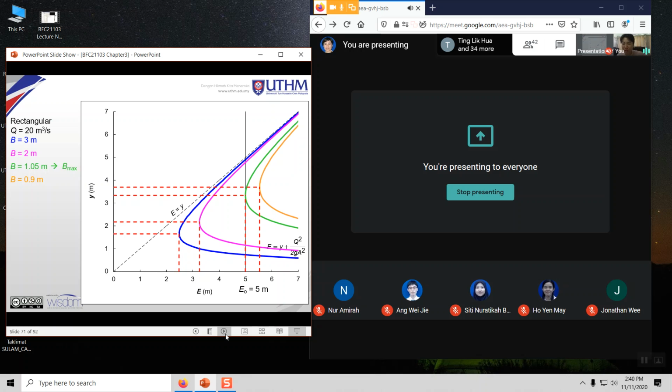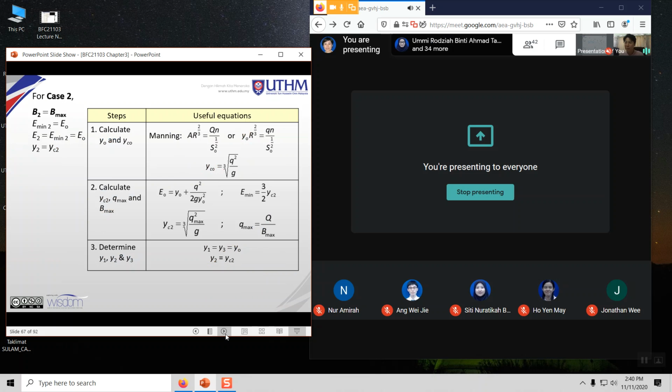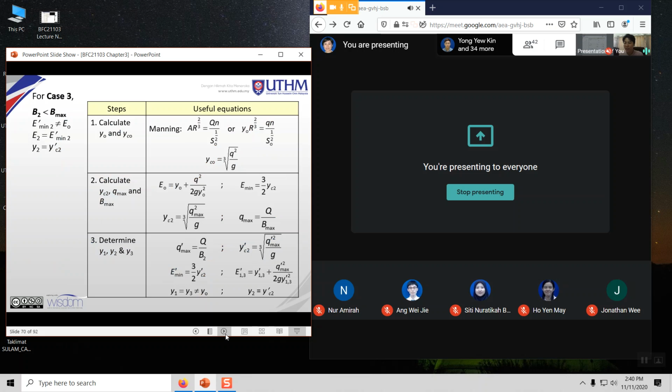Now, how are we going to find it? Let's go back to this slide here. You can actually get it right from this formula. Yesterday's formula that we used, for this case we use it in reverse form.